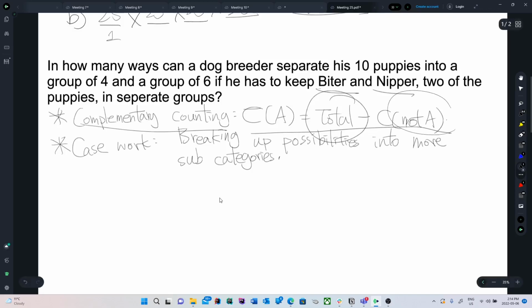the total number of counts of these two groups where Bitter and Nipper are together in the group.